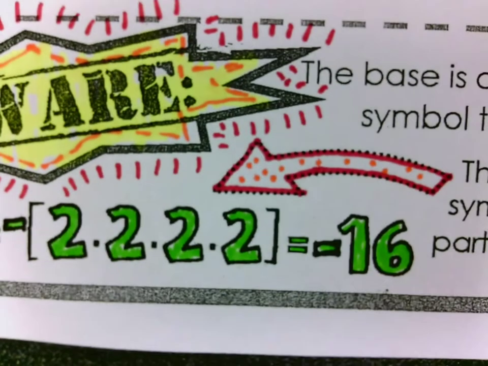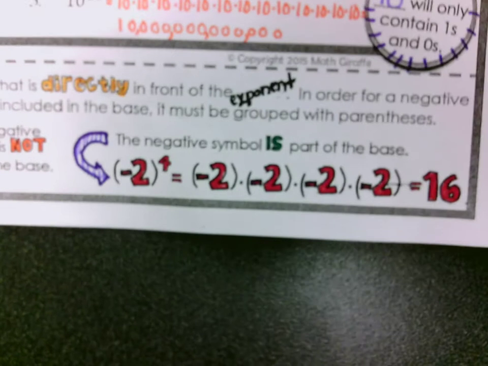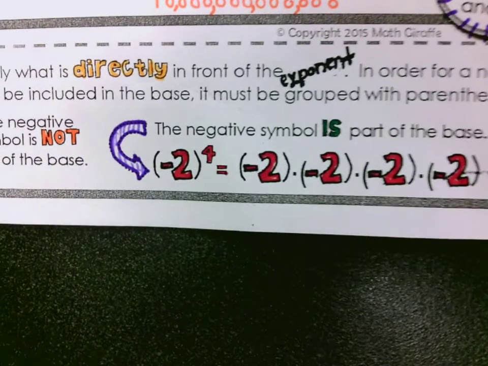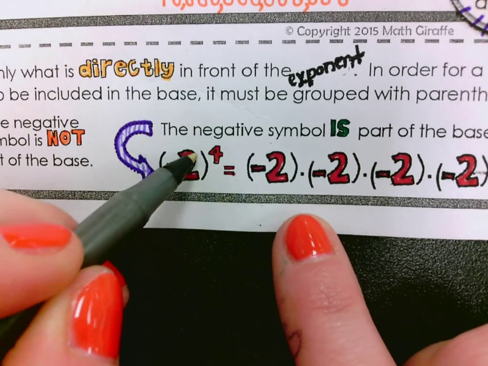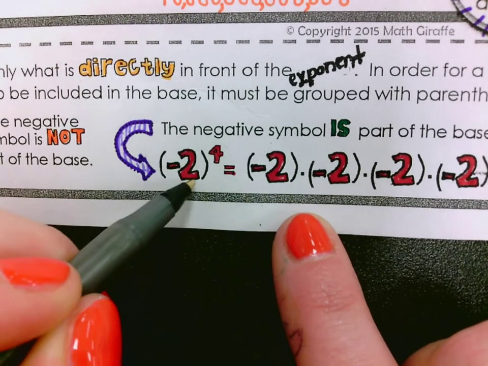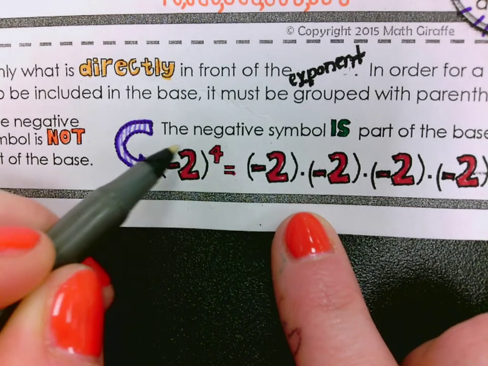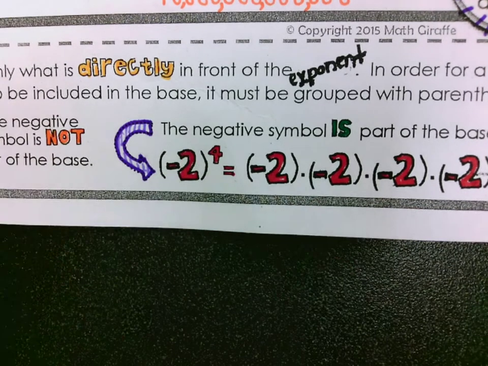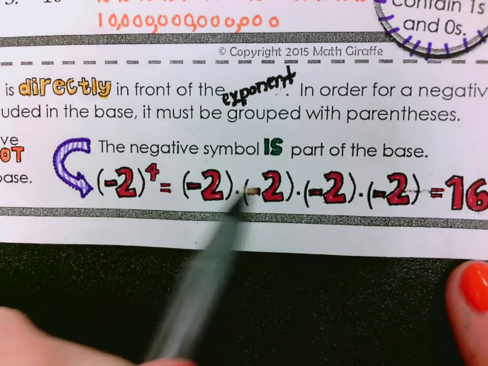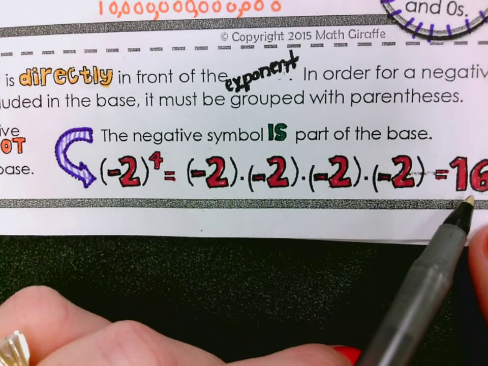So that's equal to negative 16. Compared to this one where the negative is inside the parentheses, and so this is saying that this whole thing is the factor that's going to be repeated. So it's negative 2 repeated as a factor 4 times. So it's negative 2 times negative 2 times negative 2 times negative 2, which is positive 16.